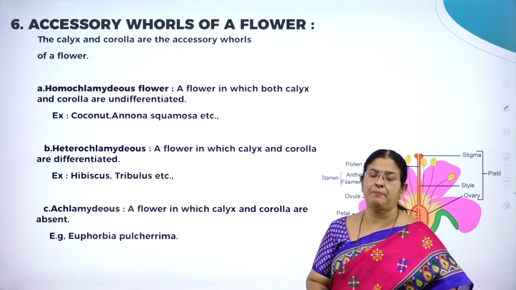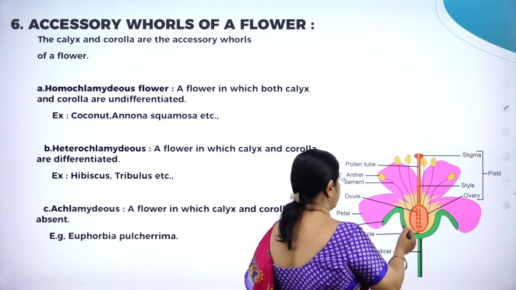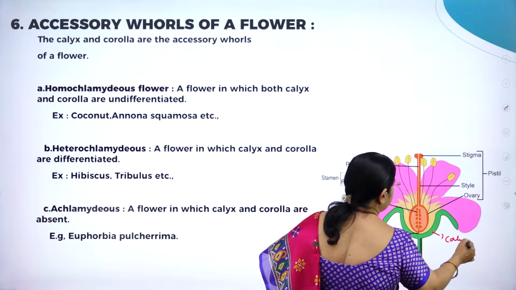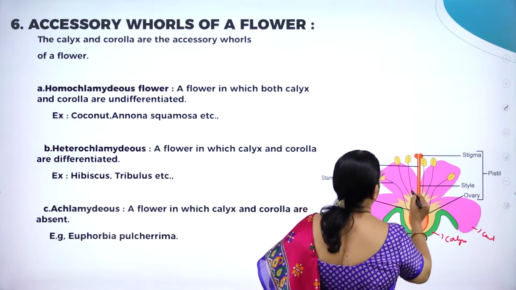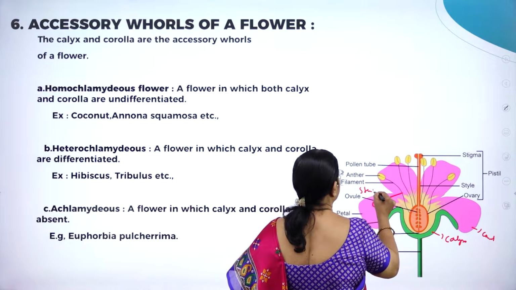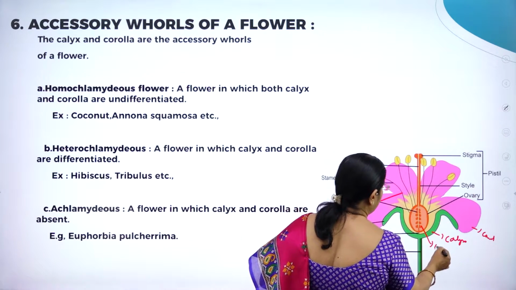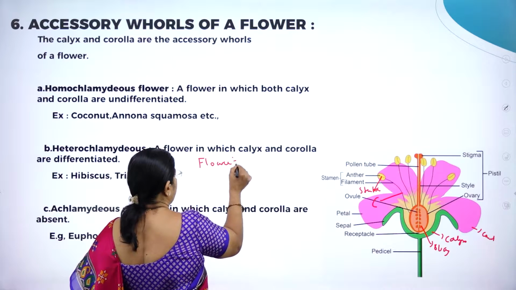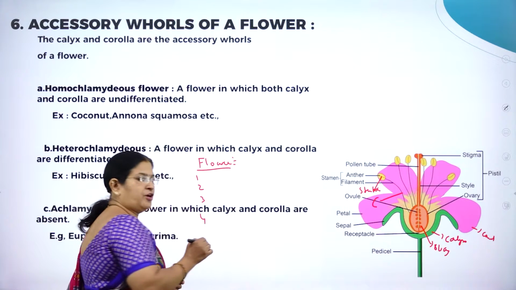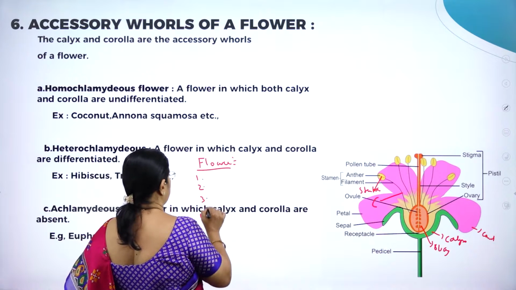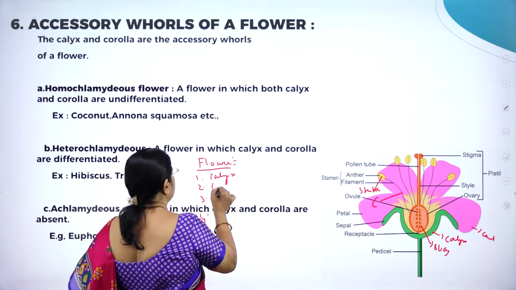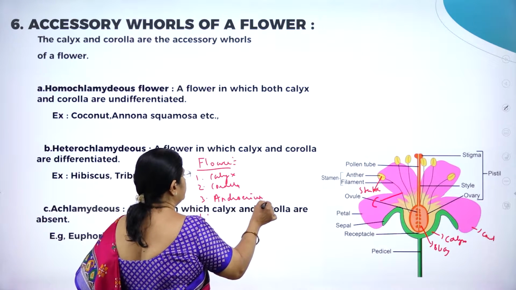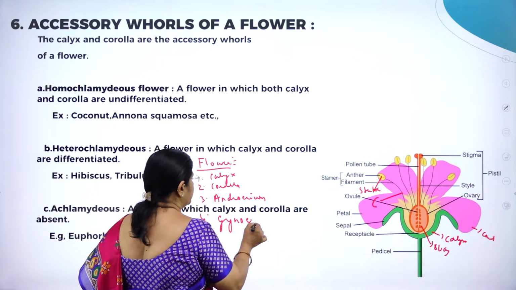Hope you remember the parts of a flower. Here we can see the parts of a flower: the calyx, corolla, the stamens and the ovary. So, flower has, as you all know, four very important whorls. One is called calyx, corolla, androecium and gynoecium.